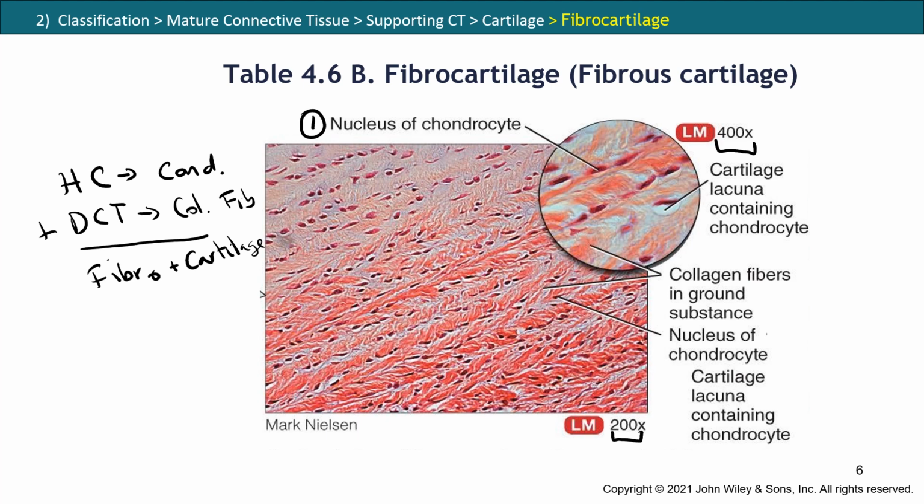Here you see all these nuclei of the chondrocytes. They are easier to see at 400, although you can see them here and here in the 200 magnification picture. You can also see the lacunes. Here in white, you see very clearly the lacunes, and you can keep seeing them everywhere, even in the 200, although you need to make a higher effort.